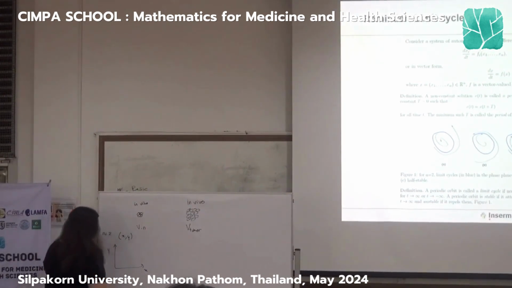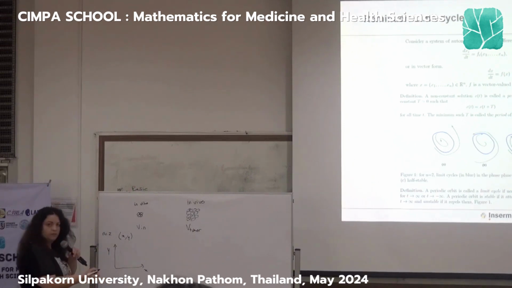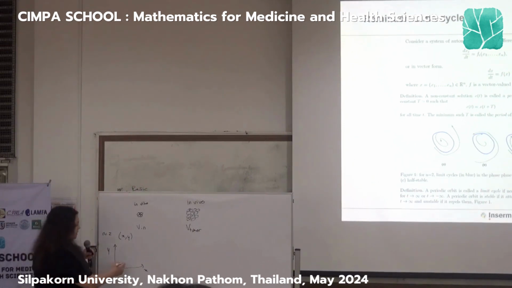And if you start around here, let's say that you have a stable limit cycle, you will be attracted by the limit cycle. And then once you are on the limit cycle, you will stay in there.